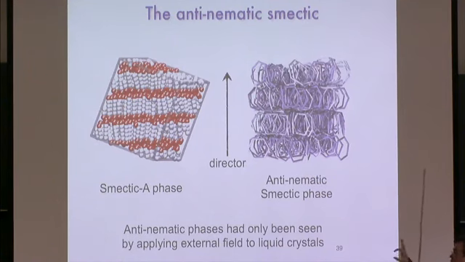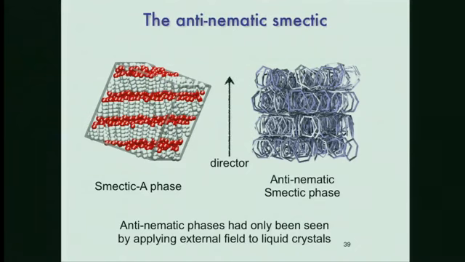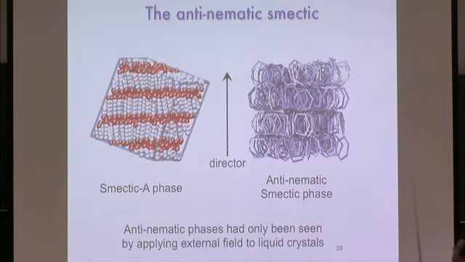They have complete rotation around. They're completely disordered with respect to the orientation along these planes. So we found an antinematic phase, which is quite unusual because we hadn't seen anything like that without applying external fields, and we actually got that just by the molecular structure of the molecule itself.